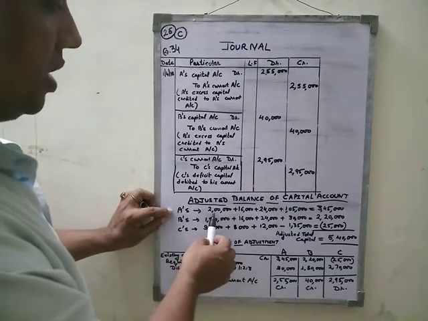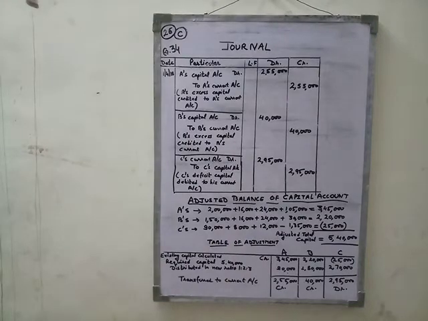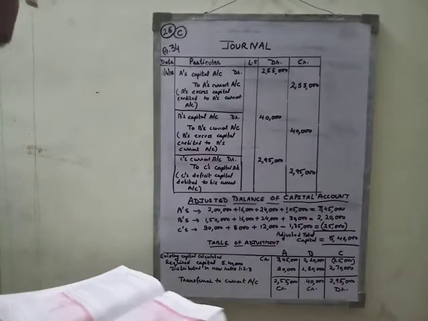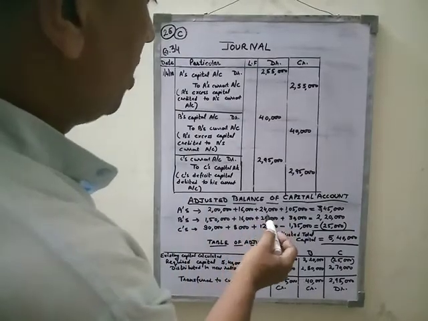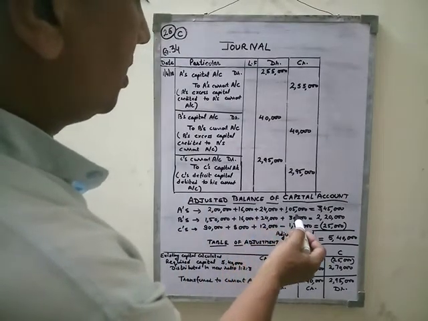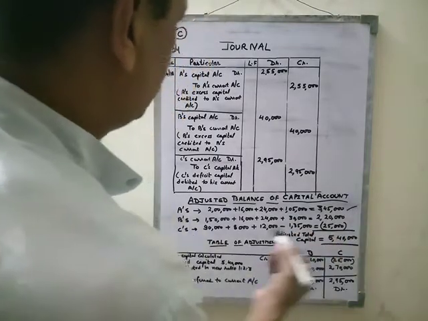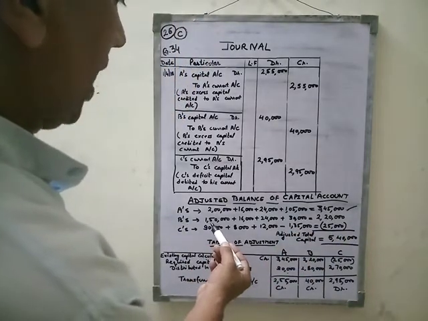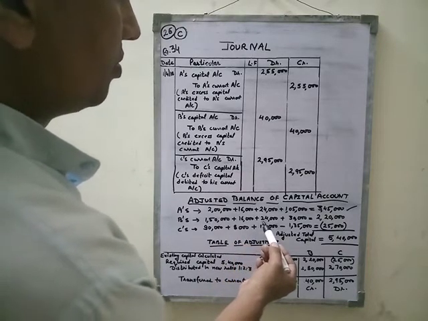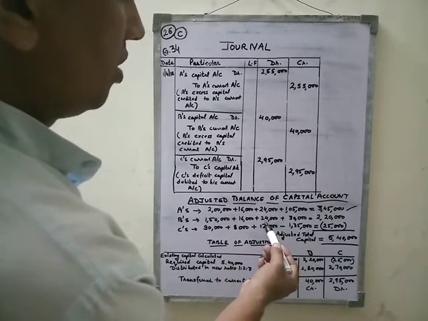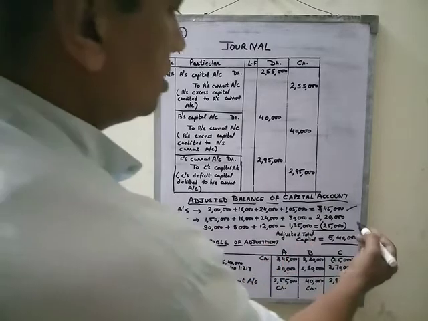In A, the capital is 2 lakh 60,000, this is the part of the reserve, this is the part of the revaluation, and this is the adjusted share of goodwill. So this is the total balance. In B, this is the capital, share of general reserve, part of revaluation, and sacrifice of goodwill.